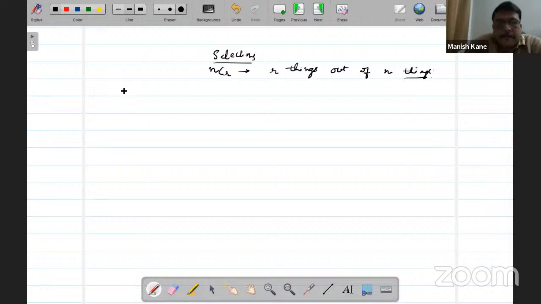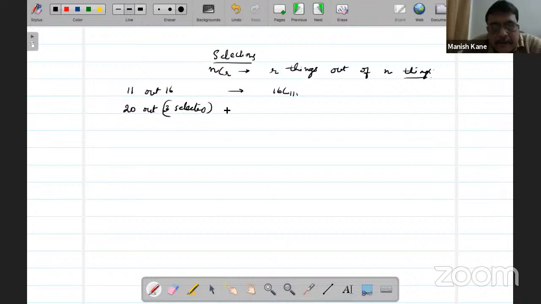So for example, I have to select a team of 11 out of 16. What will my answer be? 16C11. If there are 20 people for an interview, out of which 3 must be selected. Out of 20, I have to select 3. So my answer will be 20C3, and you can calculate it. Have you understood this?